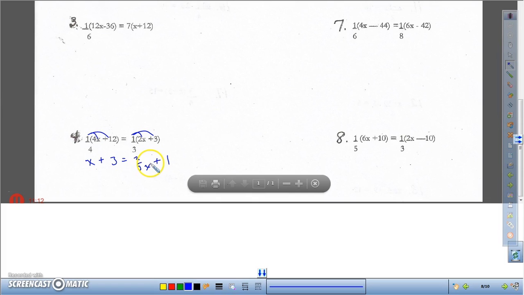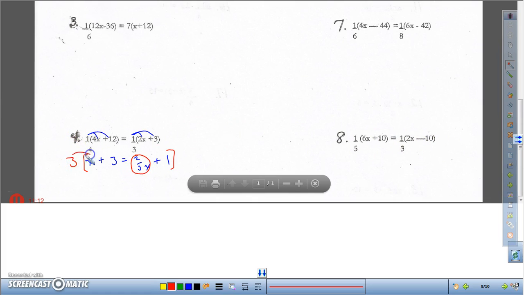The way that we're going to choose to do it right now is to take the entire equation, put it inside a set of brackets, and we're going to multiply it by 3. Okay, because if I multiply this by 3, then the denominator is going to be canceled and the fraction is going to go away. And we're going to get more practice with this in the next couple of days.